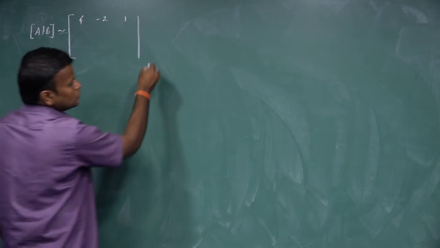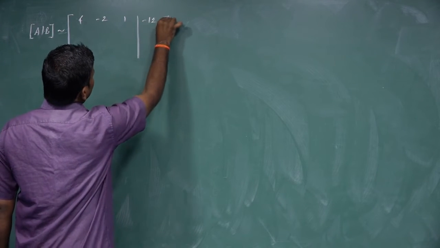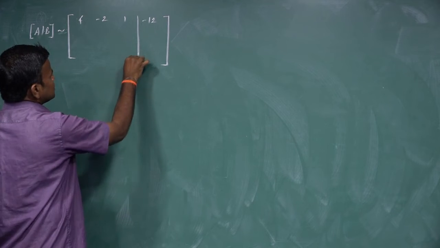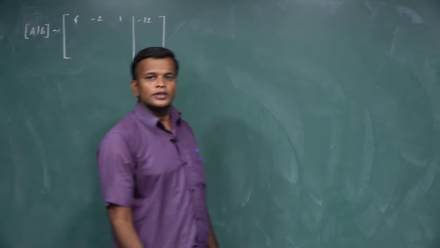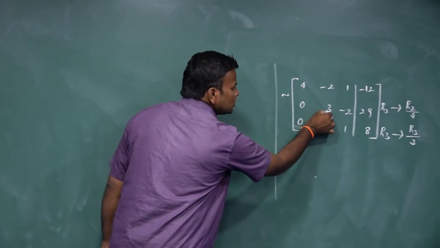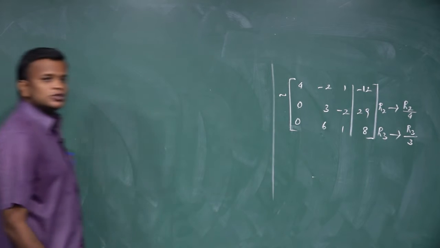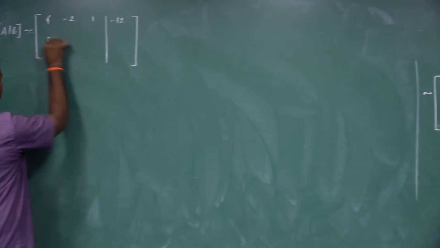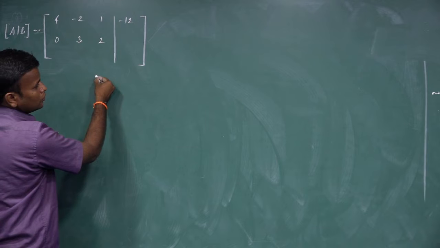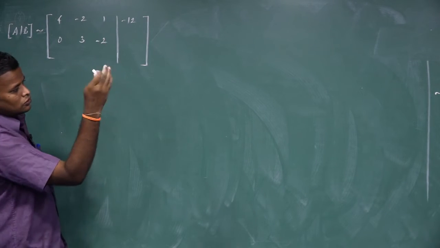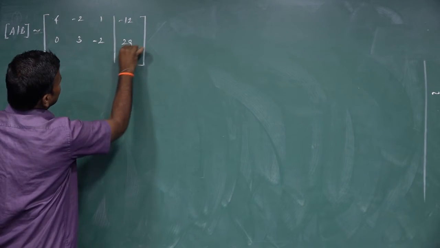No change in the first row. And the second row also we write the same: 0, 3, minus 2, 29.